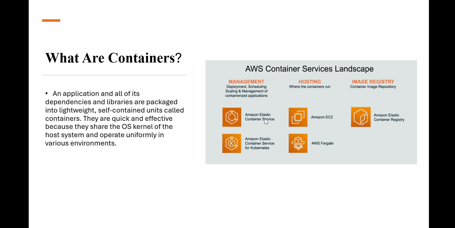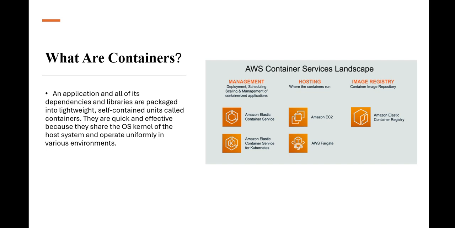First one is Amazon Elastic Container Service, Amazon EC2, Amazon Elastic Container Registry, Amazon Elastic Kubernetes Service, and AWS Fargate. Here is that explanation.